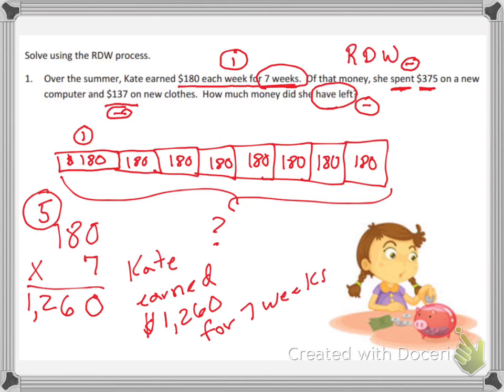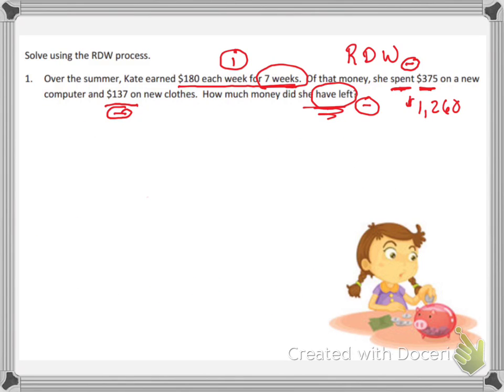All right, so I just did the RDW process for the first step of this word problem. I still need to figure out how much money she spent and how much money she has left from this total. So we still have a lot more left to do. All right, continuing with the RDW method. We already used it to solve step 1 of this multi-step word problem.